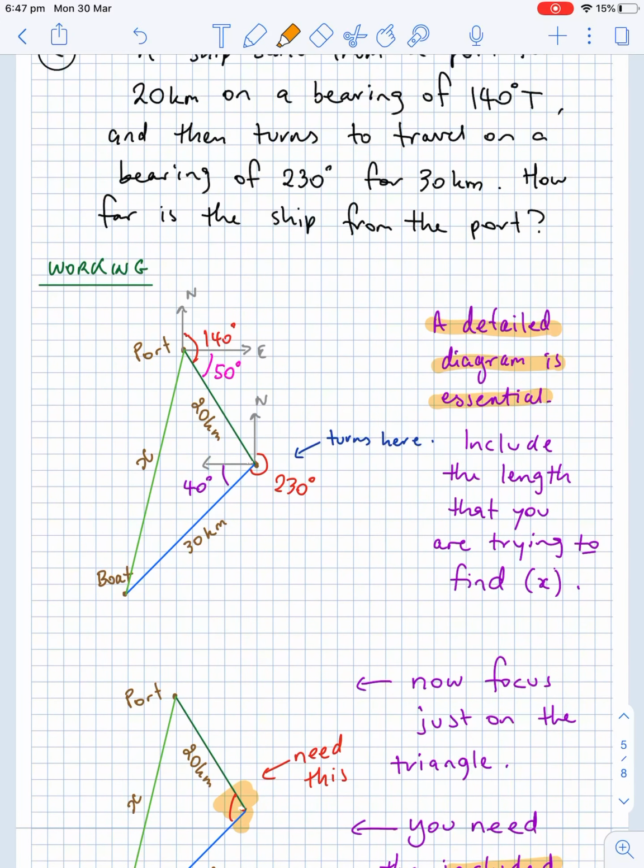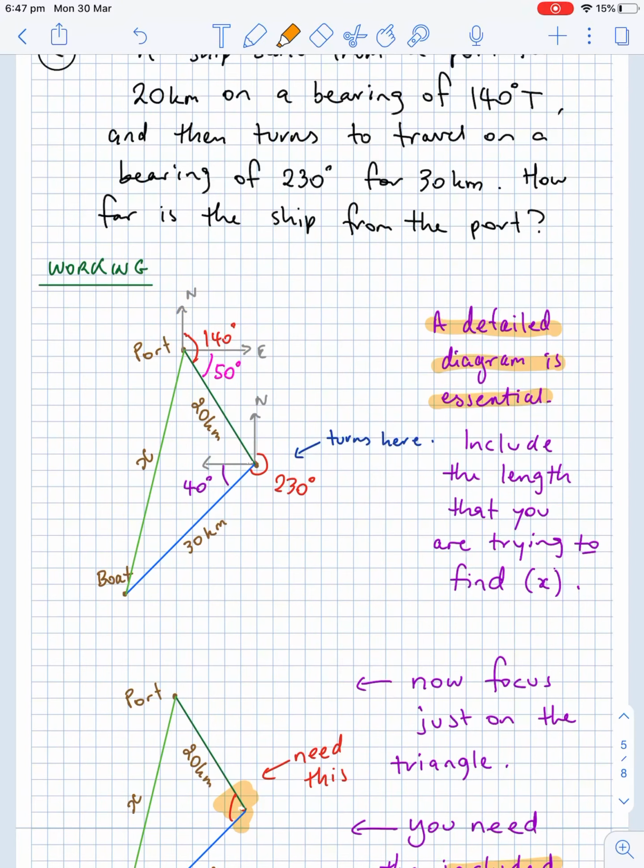So I started at this point, my port, and I went roughly down here because that's kind of a southeastern direction. I also, from my starting position, wanted to put in a northern line and an eastern line. With true bearings, you always want to use a northern line, but because we're kind of going over to the eastern side, I put in my east line. I could have also put in a southern line if I wanted to as well, but it just gets a little bit messy if you do too many. But north and east were easy to put in.